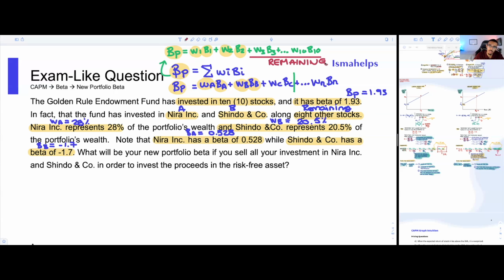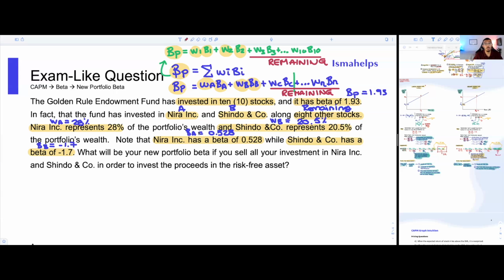But it's still important to understand that we only have a portion of the data we need, okay? Or do we? The cringe is insane. But yeah, we only have a portion of the formula, and then the remaining assets, we're going to try to find a way to work around them, okay? But luckily for us, we do know the portfolio beta, and that's going to be really important.